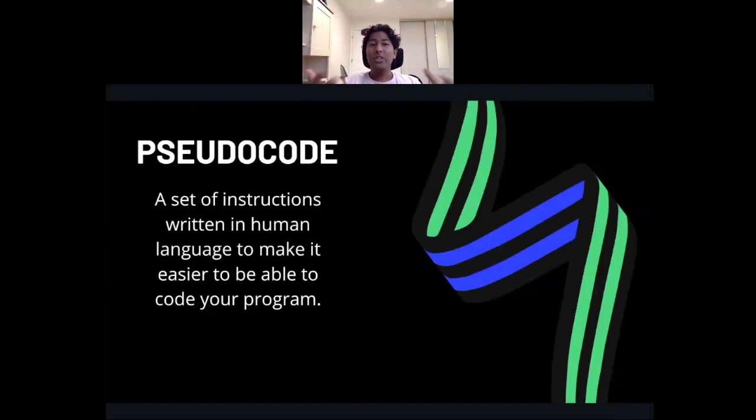That's why we have pseudocode. Pseudocode is a set of instructions written in human language, so it's for us to make it clear in our minds what we actually want to do. Usually, programmers use this to get a clear mindset of how their program is actually going to function before implementing it in a computer language.